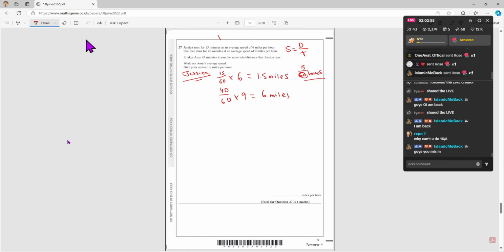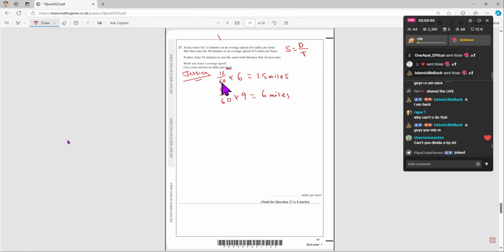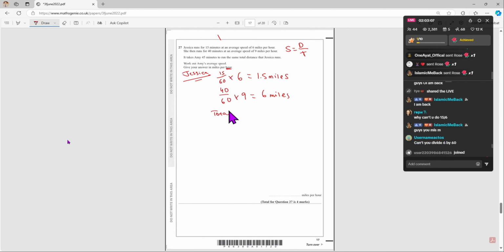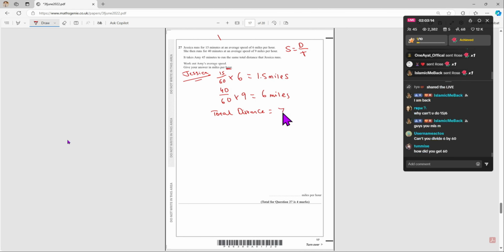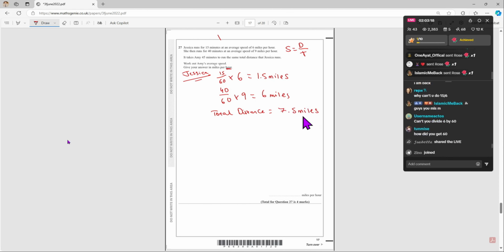You put it as a fraction of 60 because then you know it's in terms of hours, because you try to give your answer in miles per hour. Just note that every time. So now the total distance Jessica travels is 1.5 plus 6, which is 7.5 miles.